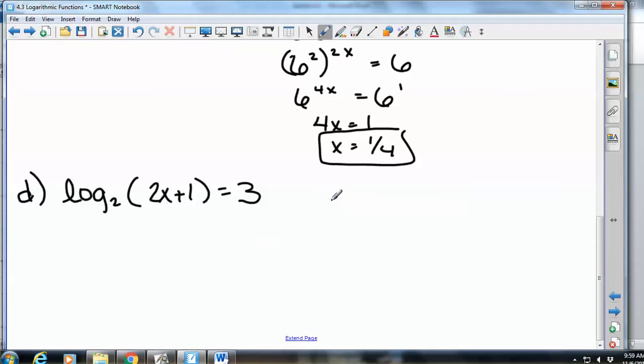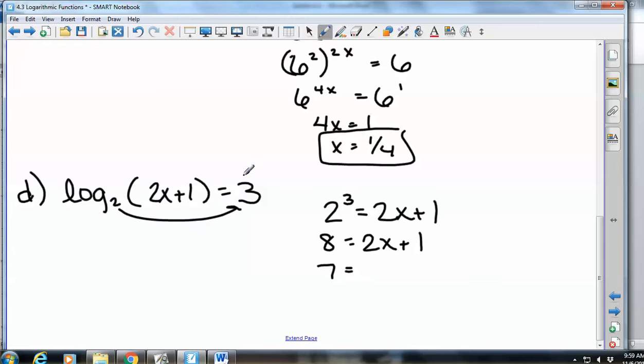Alright, what would I do here? Two cubed equals 2x plus 1. 2 cubed is 8. Subtract your... Couldn't you just put cube root with this? You could, but I wouldn't want to put this under a radical. I just evaluated 2 to the 3rd power.